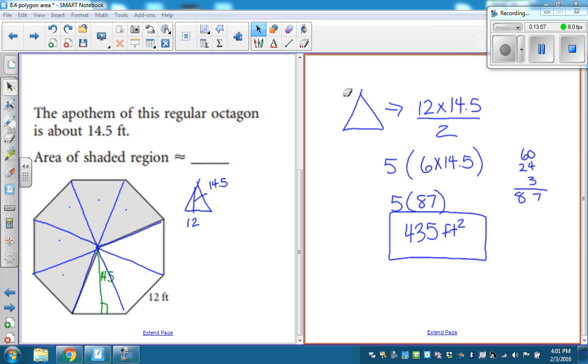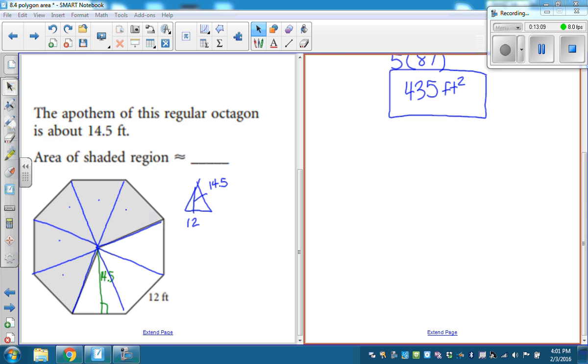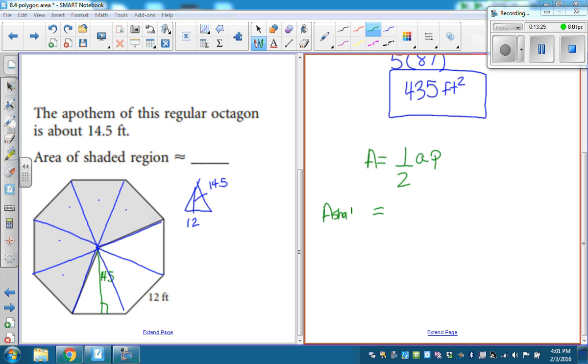If you're a formula person, you know that the area of a polygon we learned is 1/2 apothem times perimeter. So in this case, the area of the shaded region would be 5/8 of the area.